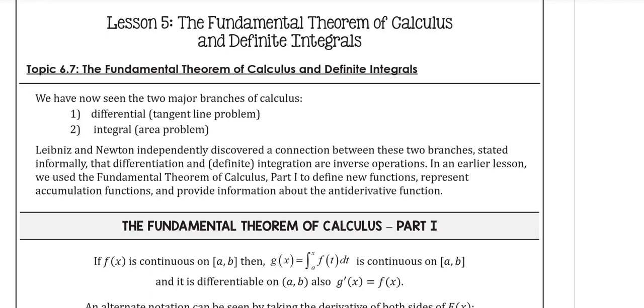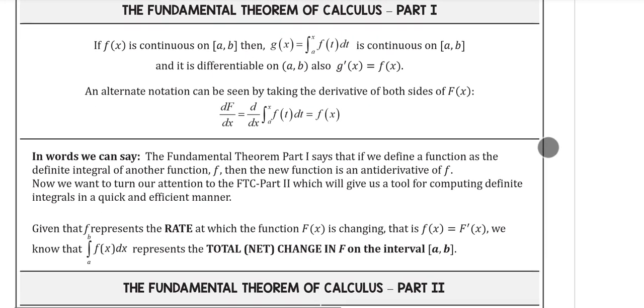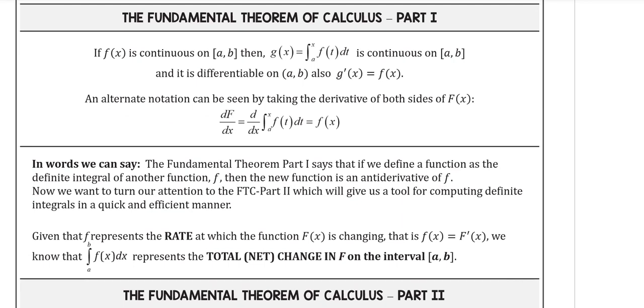So now let's take a look at this again and connect it to the fundamental theorem of calculus part 2. The first part of the fundamental theorem of calculus told us if we had a continuous function f on a closed interval [a, b], then g of x is equal to the integral from a to x of f of t dt, and g of x is continuous on the closed interval and differentiable on the open interval, and that derivative is equal to f of x.